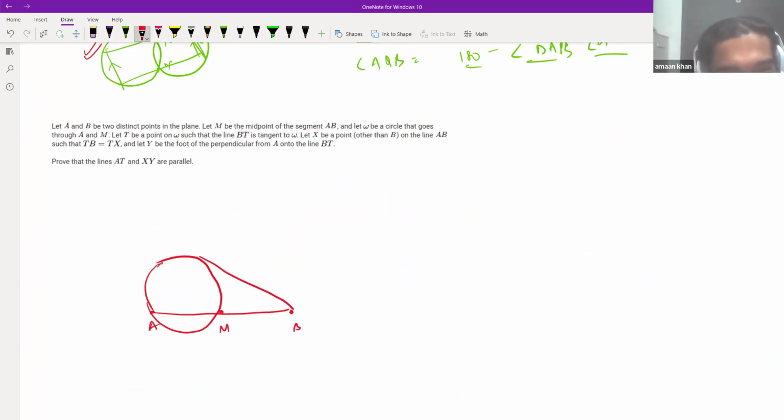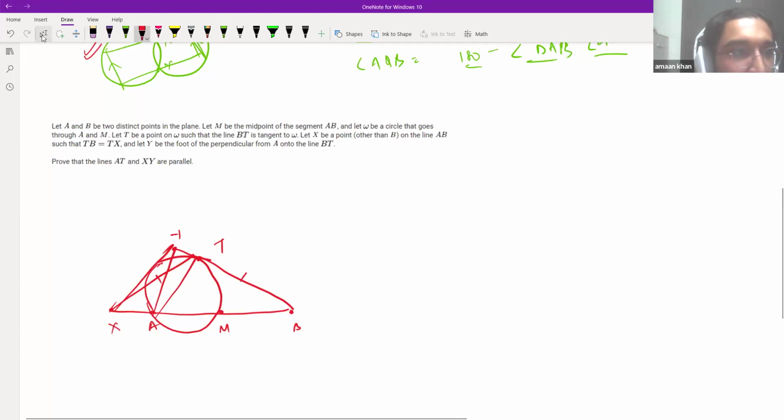To A and M, and BT is tangent to omega. X is a point such that TV is equal to TX. Y is the foot of the perpendicular from A onto this. Show AT parallel to XY. Just enlarge this one thing.